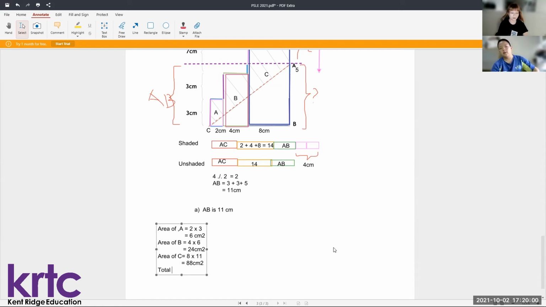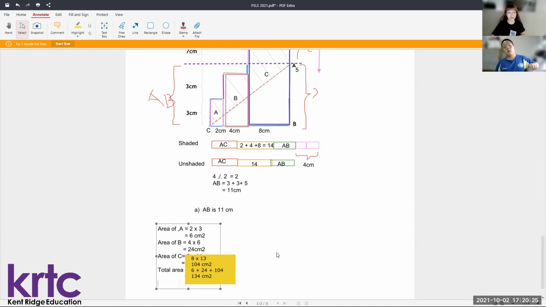Total area equals 6 plus 24 plus 88. That will be 118 cm square.